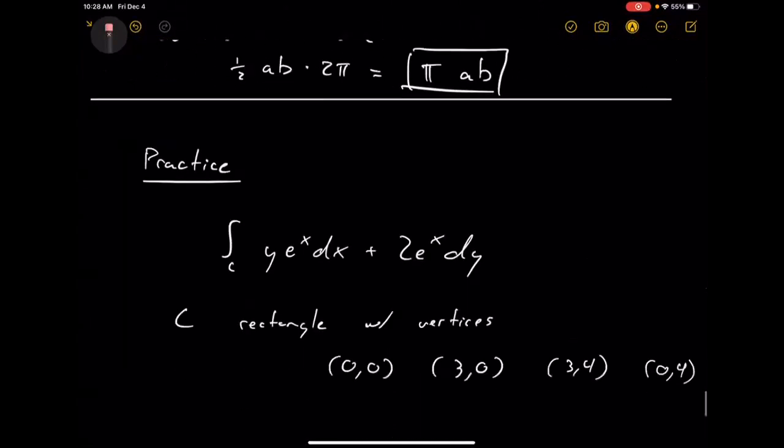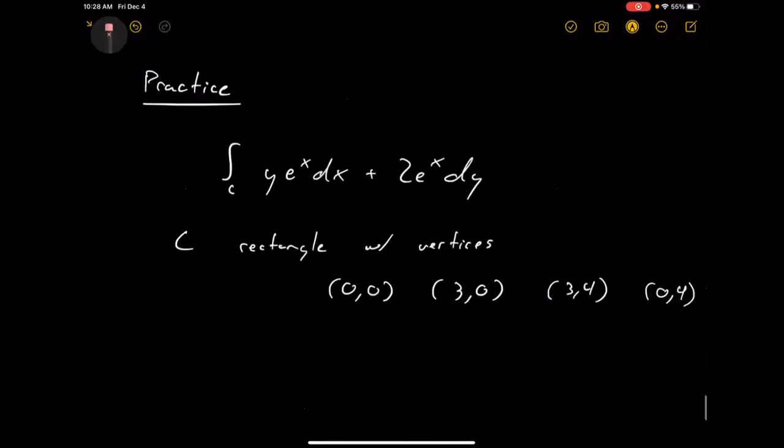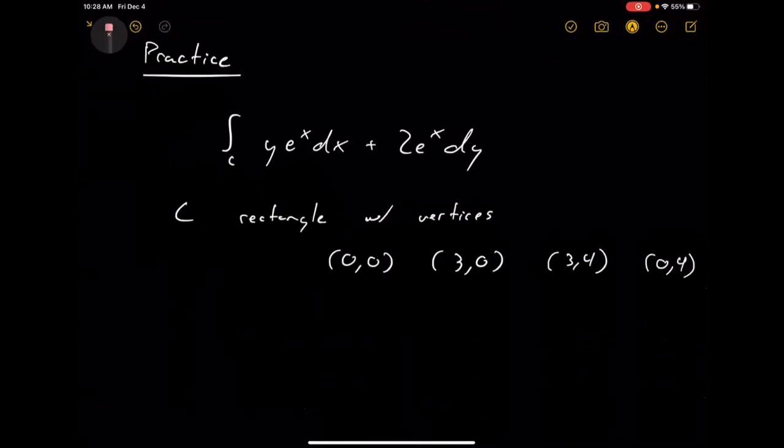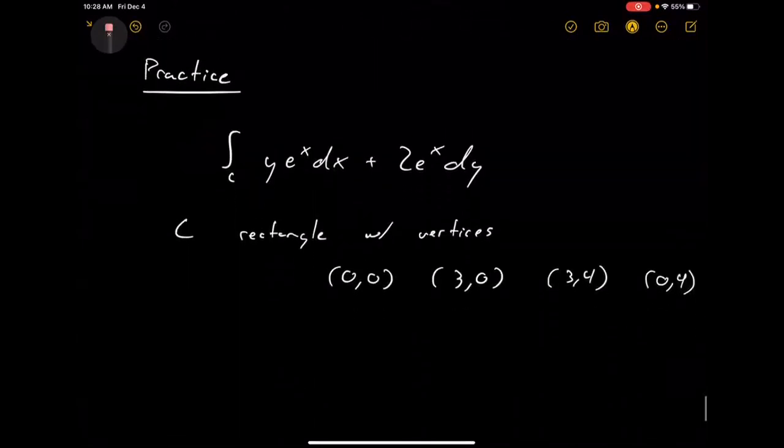Okay. So I'll check to see if WebAssign has any of those, but I don't believe so. But let's go back. Let's do one more of the other direction. Let's do one more of line integral to double integral. Okay. So this is back to the easier direction.